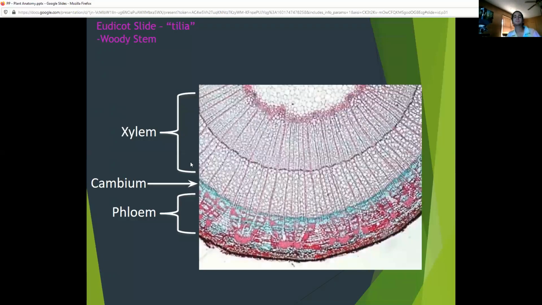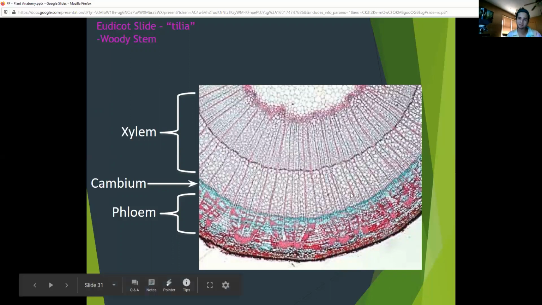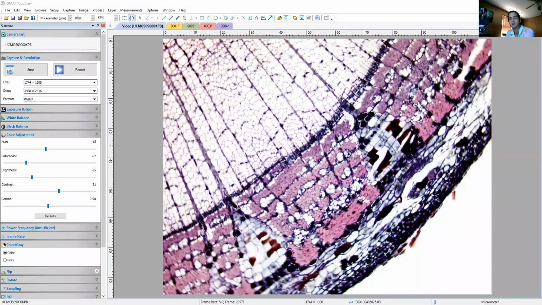So let's move on. Here's a real life example of it, a little tiny woody stem from a plant called Tilia. You can see there's an annual ring, there's an annual ring, so it must be 2 years old. And these little pink things, that's our phloem, okay? So let's take a real life look at that. All right, yeehaw, here we go.